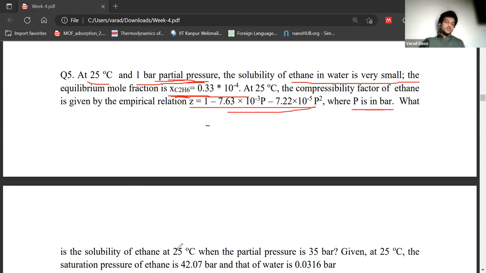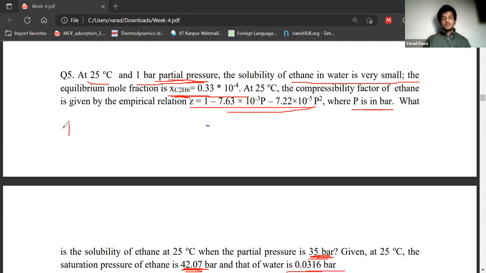What is the solubility of ethane at 25 degrees centigrade when the partial pressure is 35 bar? We are also given that the saturation pressure of ethane at these conditions is 42.07, and that of water is this.